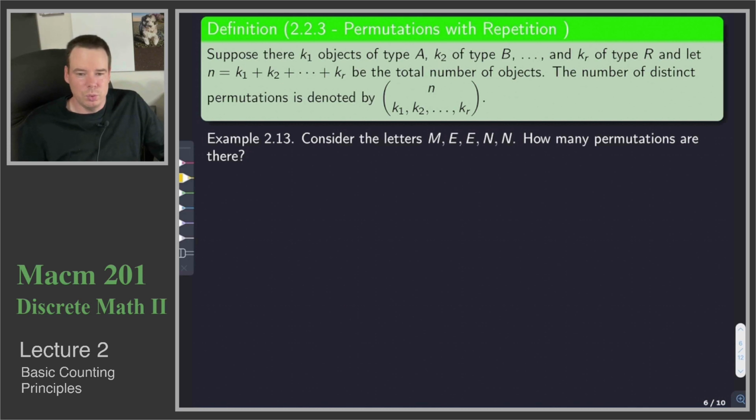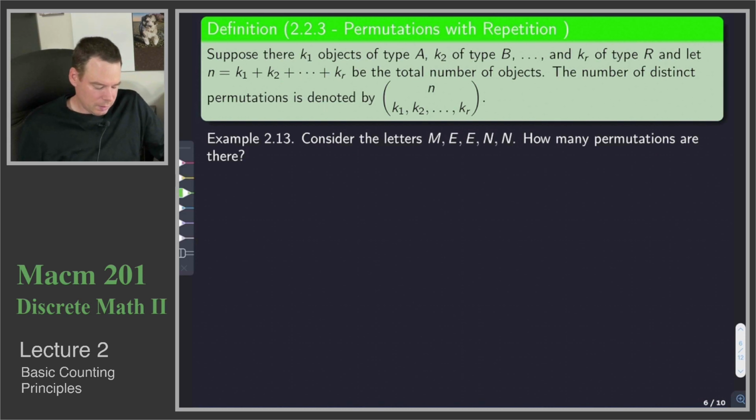So right now I've just introduced this notation that represents the number of permutations of these objects where there is repetition appearing. I haven't actually said how to compute this. We'll just have a look at this example and see how we could possibly compute this thing, and then the following theorem will tell us how we could compute this value.